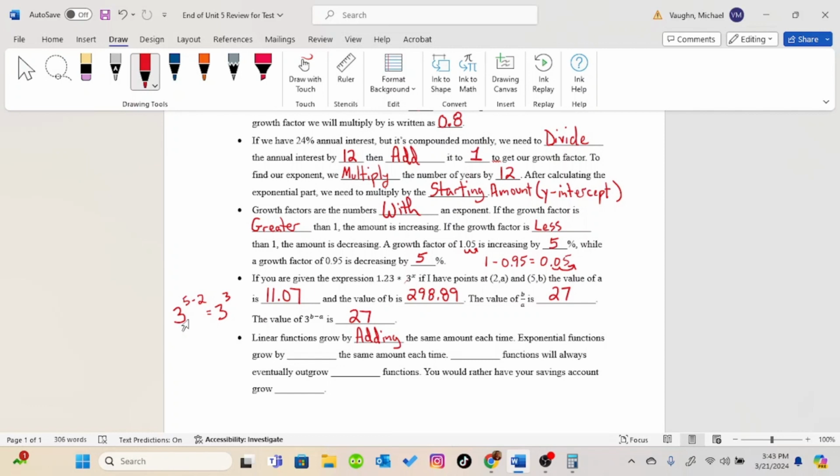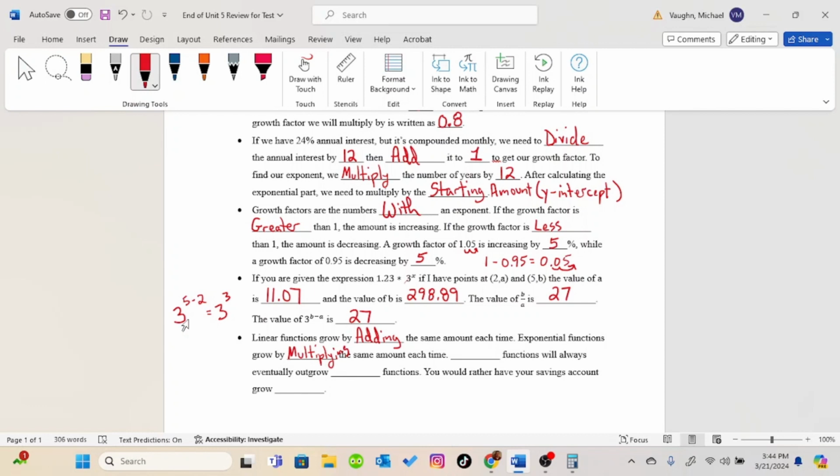That's what creates the straight line on a graph. Exponential functions grow by multiplying the same amount each time. Exponential functions are multiplying the same amount each time.